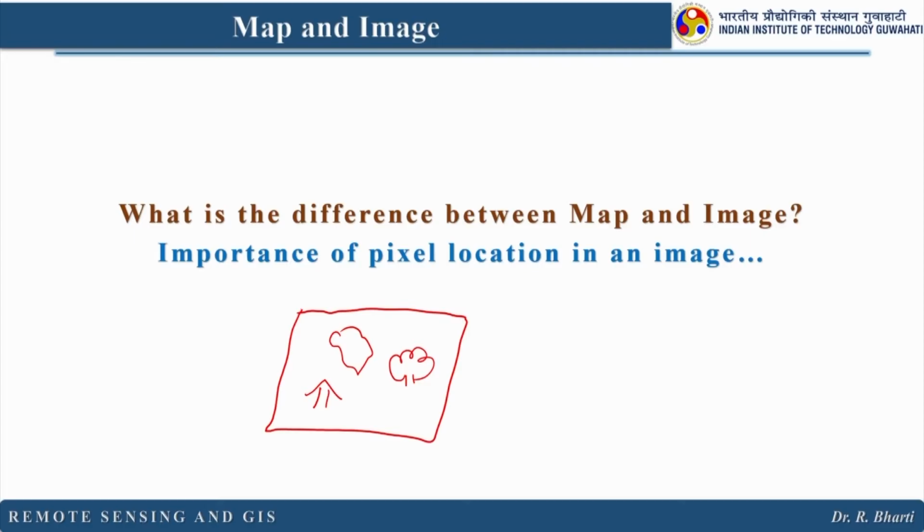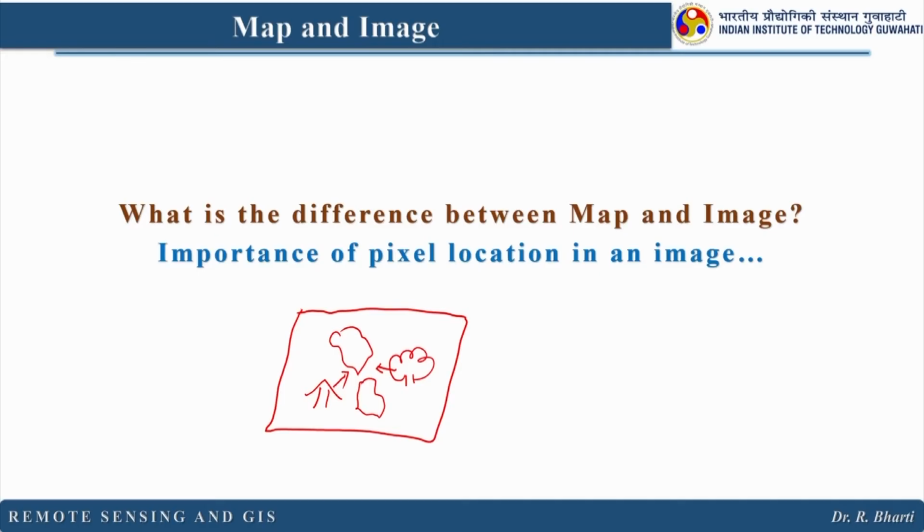This tree will be closer to this water body, or this house can move a little bit closer to this water body, or this water body can be shifted here, right. So in any image or map, the location of the pixel is very important.